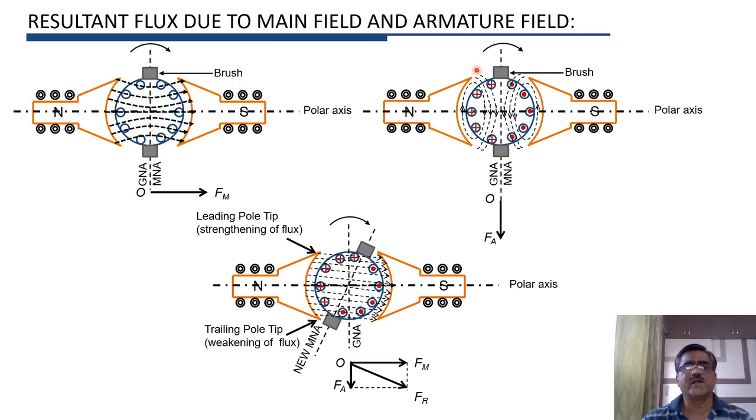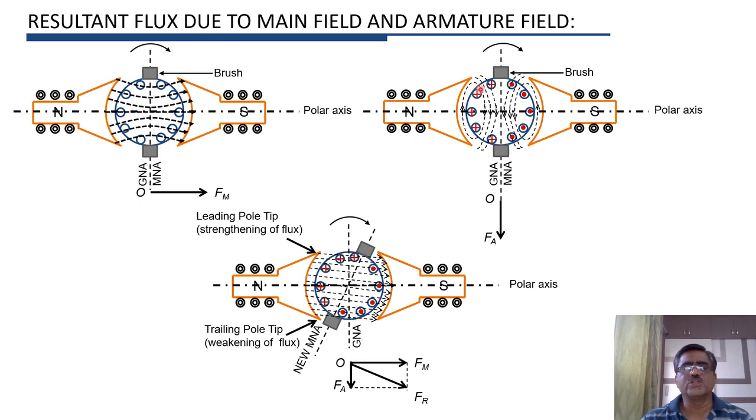Now you can see that in this region the main flux and armature flux both are in the same direction, whereas in this region, main flux and armature flux are in opposite direction. Similarly, here the main flux and armature flux are in opposite direction, whereas in this region the main flux and armature flux are in same direction.